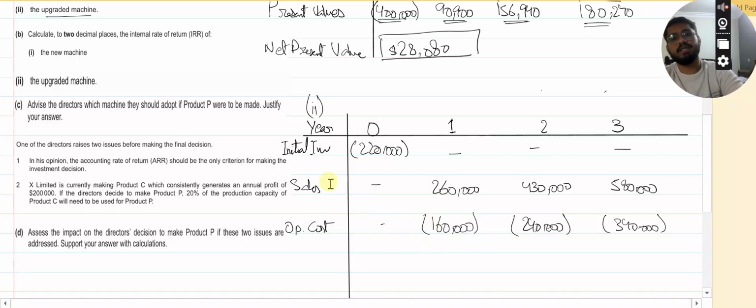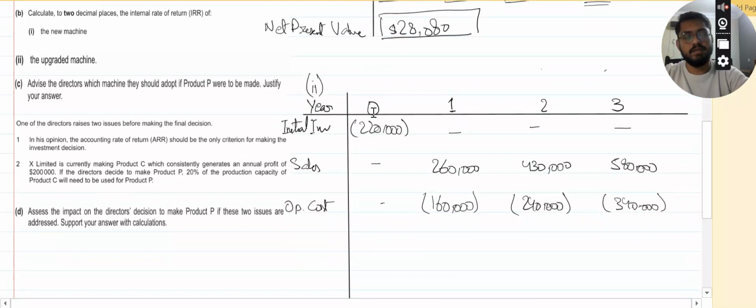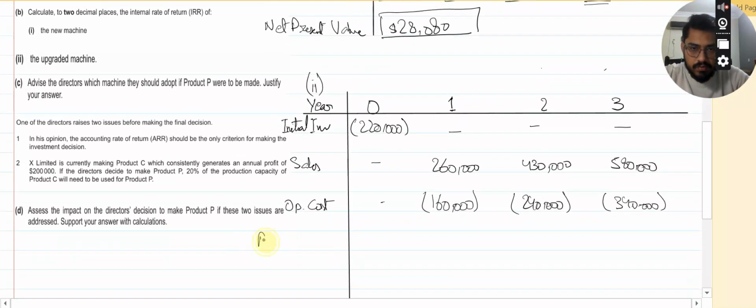And then we had an additional expense over here, which was additional repair and maintenance cost of $81,000. So which repair and maintenance cost of $81,000 each year and is required for the upgraded machine. Alright, so we will also have repair and maintenance as well over here.